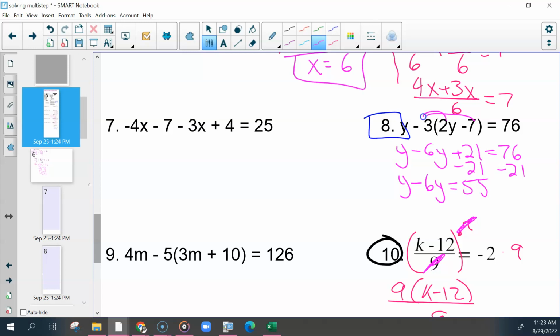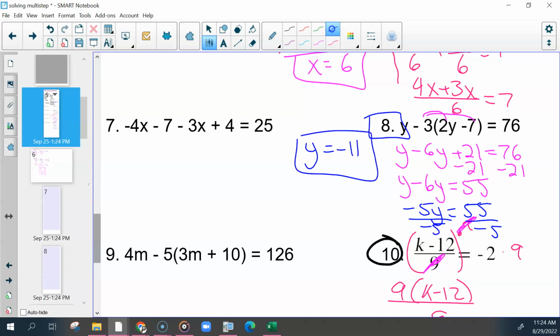Wait, I combined my like terms. 1y minus 6y gave me -5. Then I divided 55 by -5, which gave me -11. Yes, -11 was our answer.